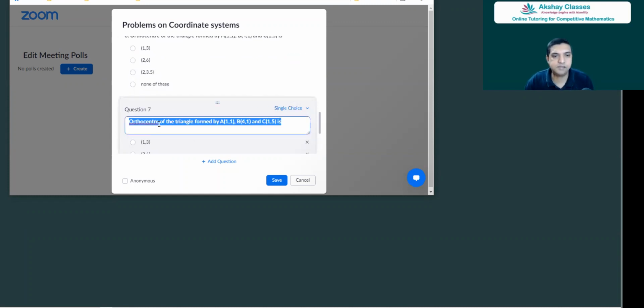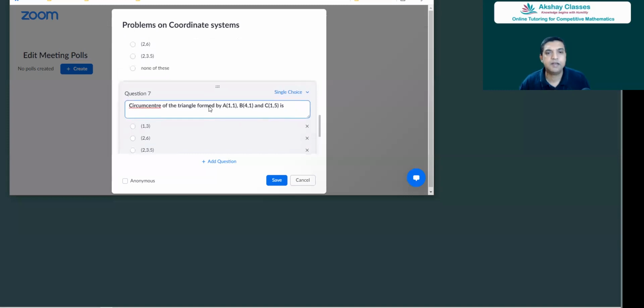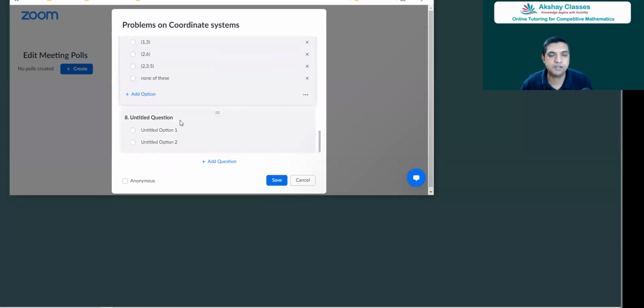Then circumcenter of the triangle formed by these ones. And finally, area.